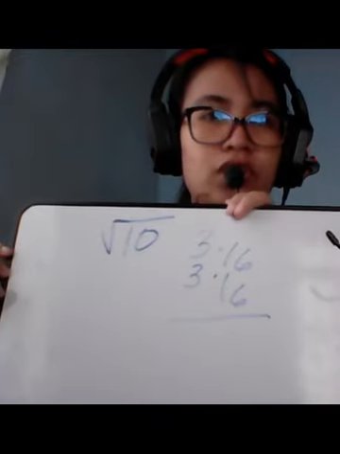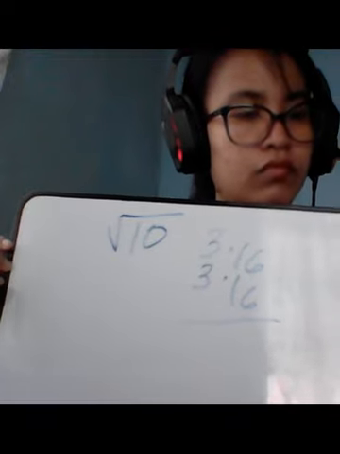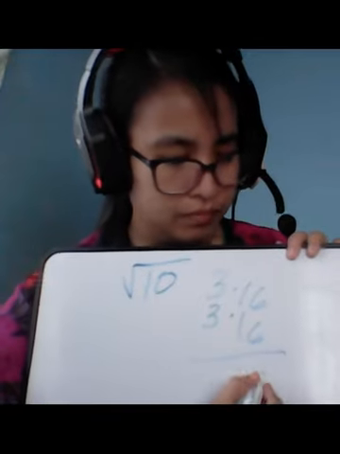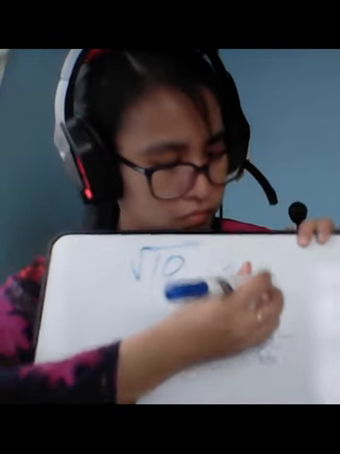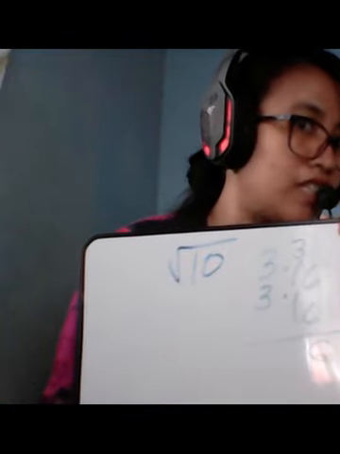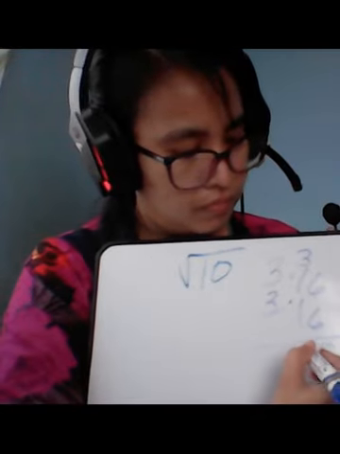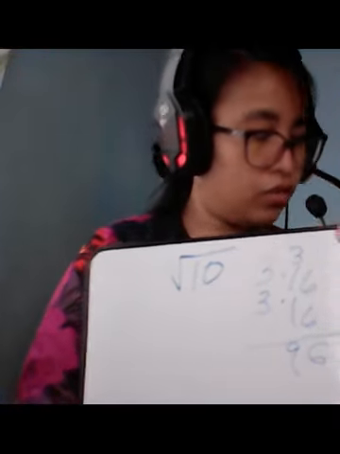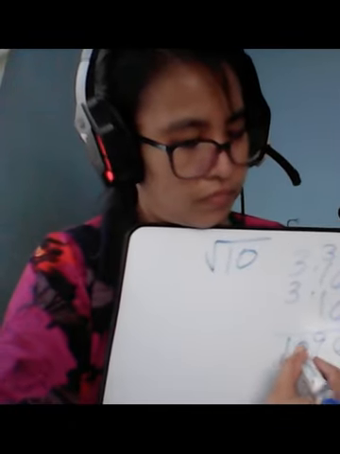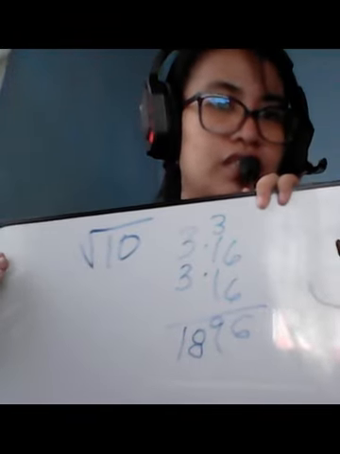We have 3.16 times 3.16. So we have 6 times 6 is 36. Next, 6 times 1 is 6 plus 3 is 9. Another one, 6 times 3. So for the first one, we have 1,896.